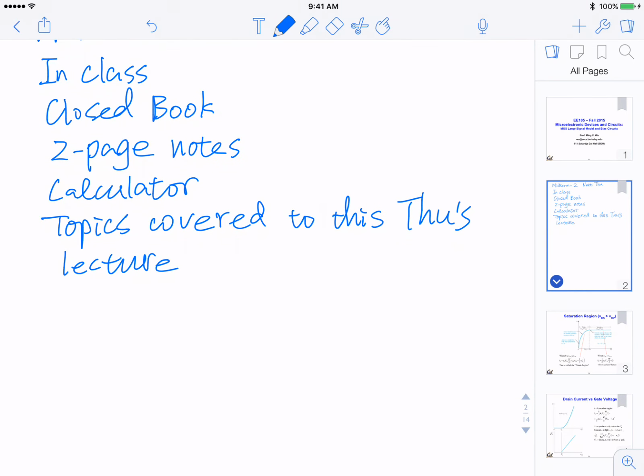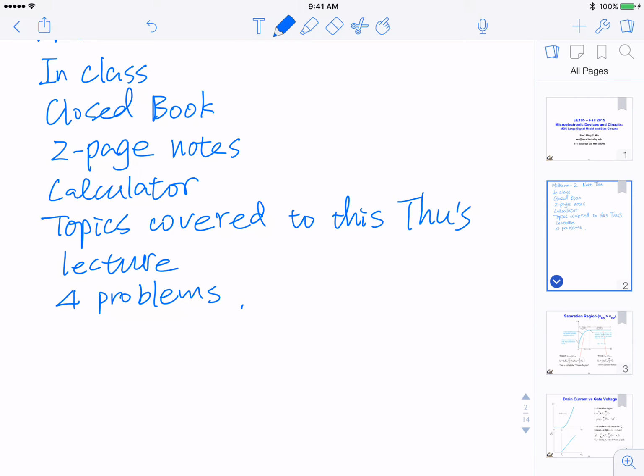And roughly 4 problems you can anticipate. We'll try to reduce the number of subproblems. So last time there were many subproblems, so we try to reduce that to a more reasonable number, so you will have hopefully more time to work on the problem rather than rushing through it. Okay. Any questions on it?